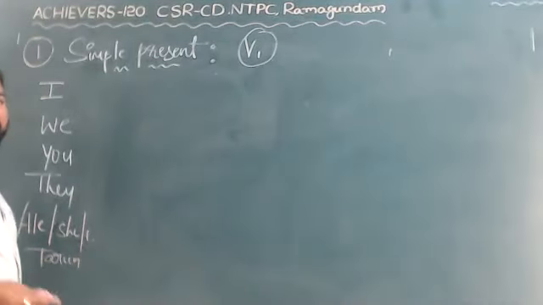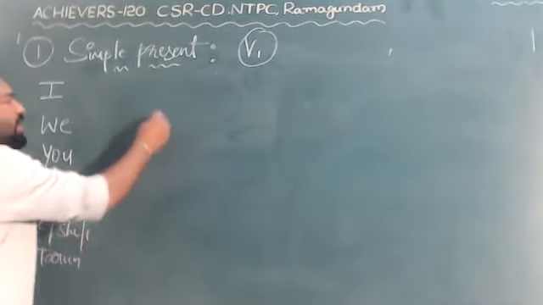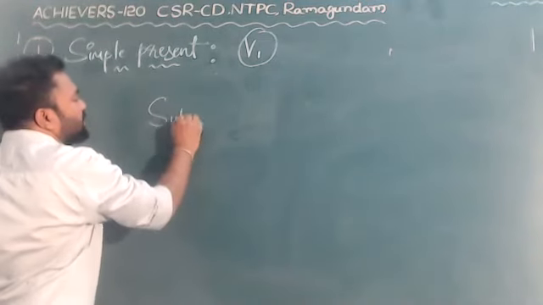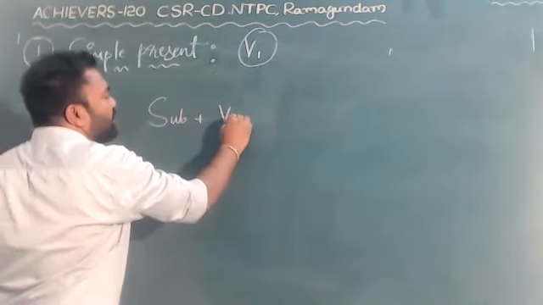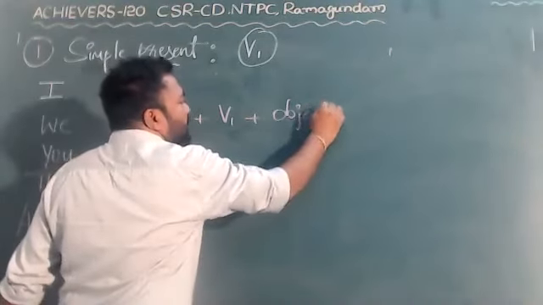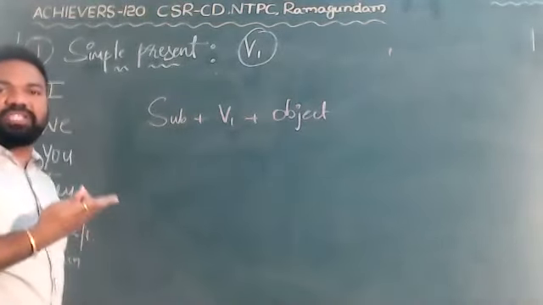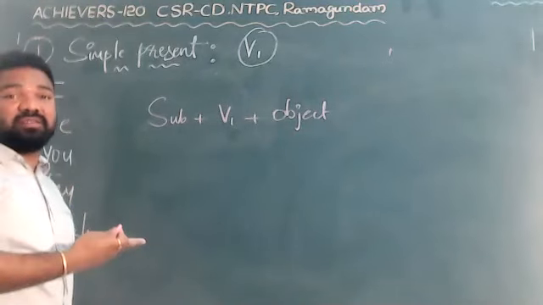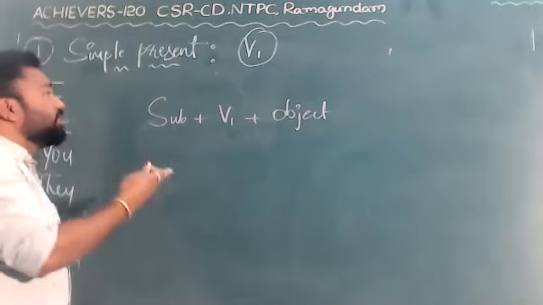So at the end of the day, simple present, I'll write this formula as well. Subject plus V1 plus object. This is a formula, a rule which you can apply. This is a structure of how it goes in simple present.